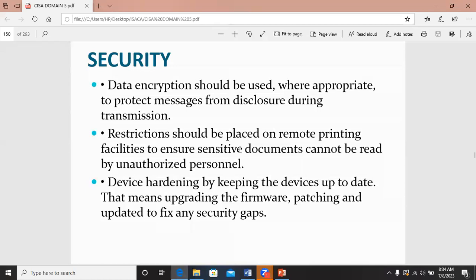So you can see something is wrong with the network connection. It's already a wide area network. Worry about whether that information should not be seen by somebody outside the Ghana office. You can see the risk. So restrictions should be placed on remote printing as much as possible.